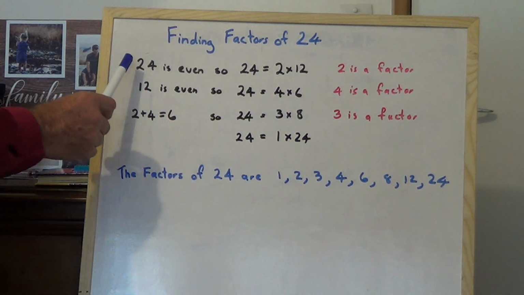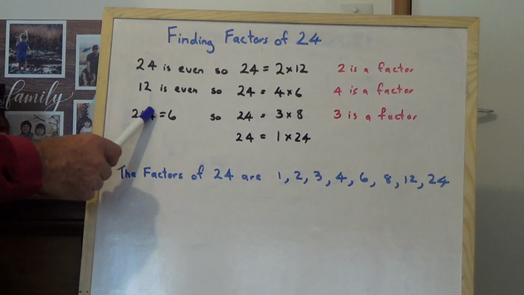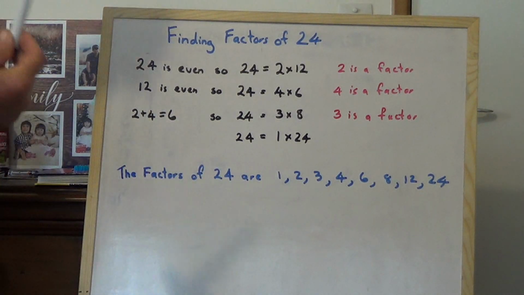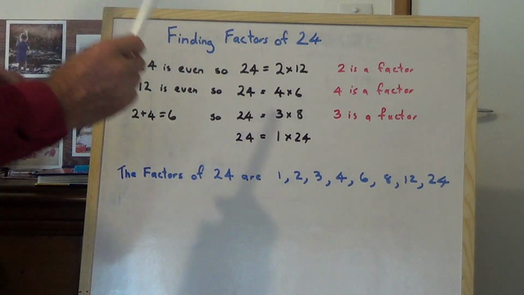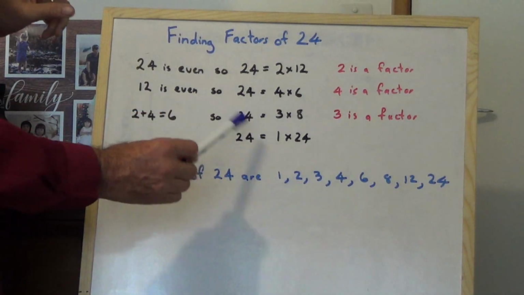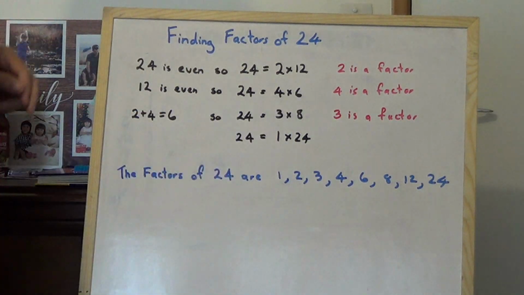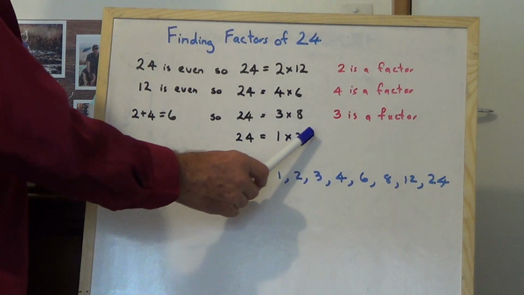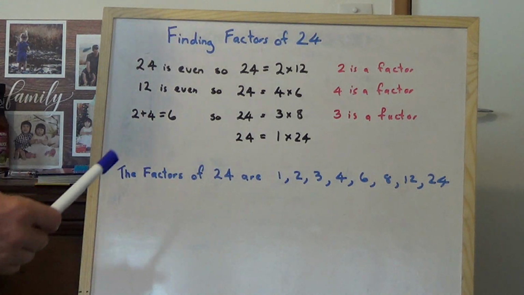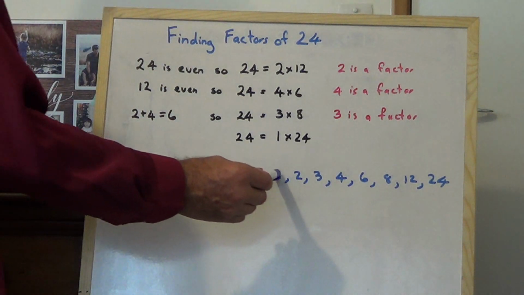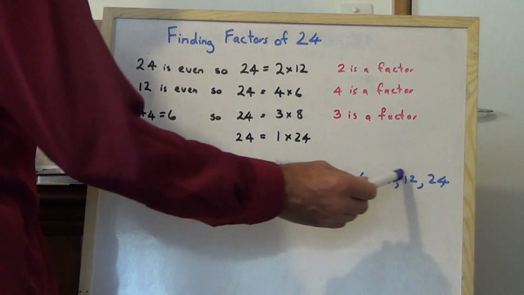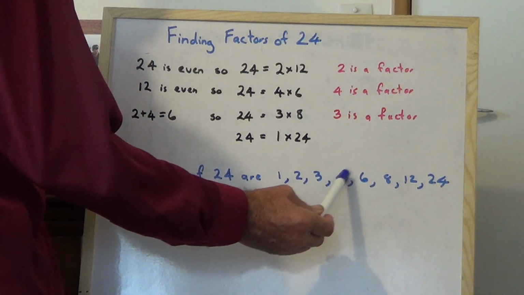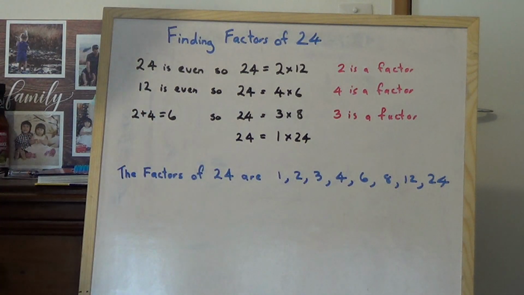Now, when we add 2 and 4, we get 6, and 6 is divisible by 3, so 24 is divisible by 3, so 24 is equal to 3 times 8. And we must also remember that 24 is equal to 1 times 24. Now here are all the factors of 24. There's 1 and 24, 2 and 12, 3 and 8, 4 and 6.